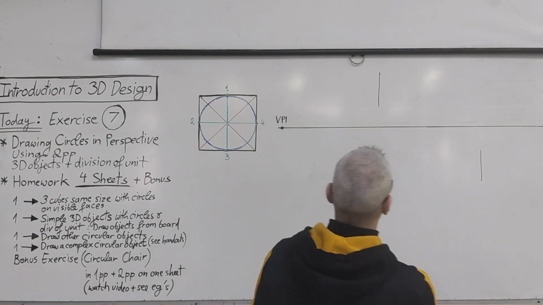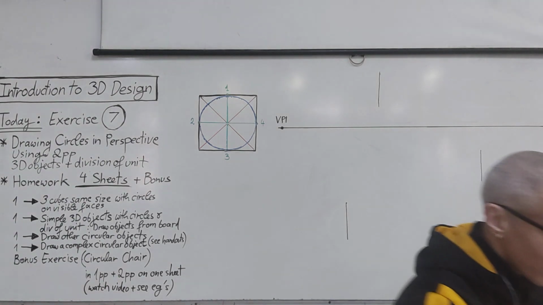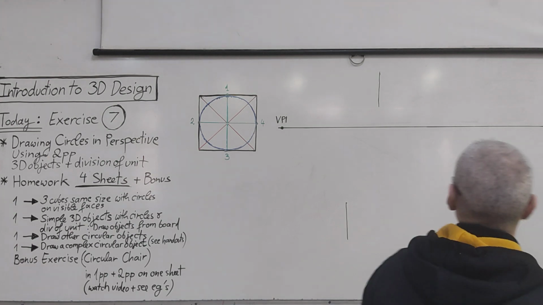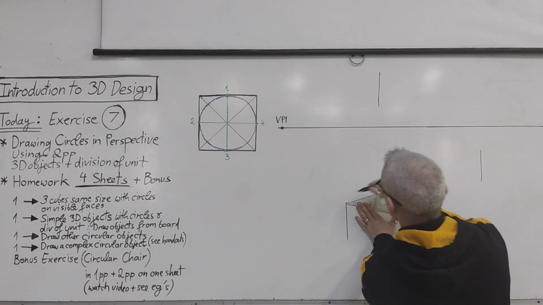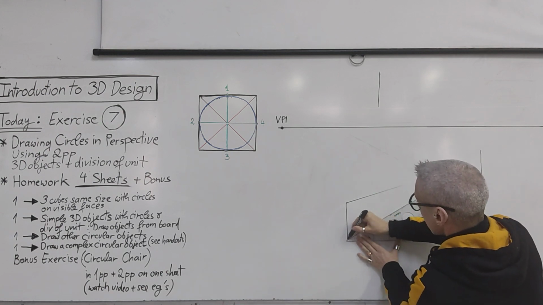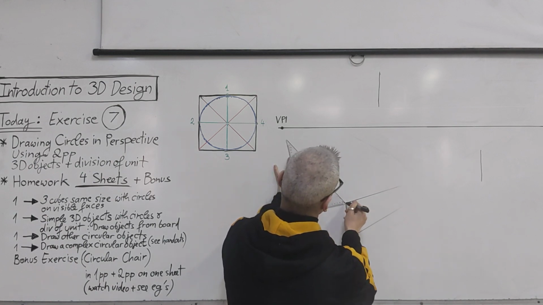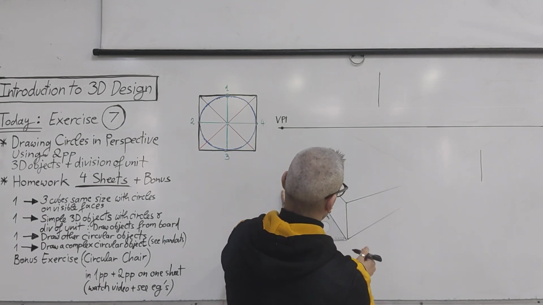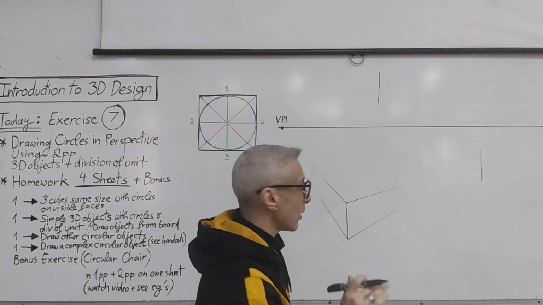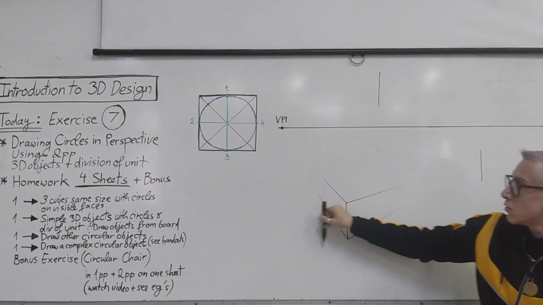Okay, now we will continue to draw the cube. So from here to the vanishing point. And the rest we estimate as always until now. So, this edge here is closer to which point?